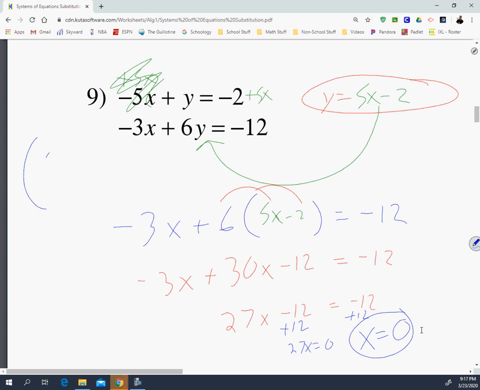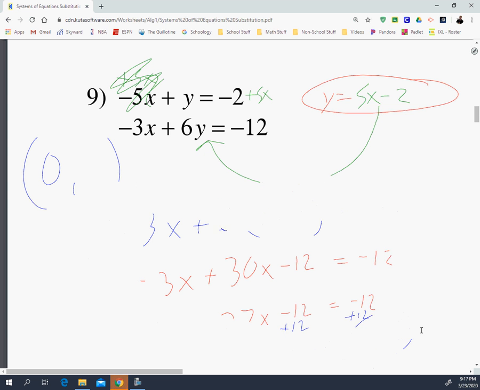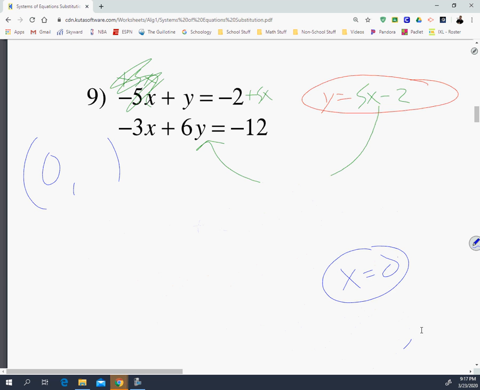That's half my answer there, you guys. We're balancing on one arm and one leg. Still, if you wobbled, it's no problem. Keep going, okay? We're going to take that x equals 0, and we're going to plug it back in for the x right there. We're going to get y equals 5 times 0 minus 2. Y equals 0 minus 2. Y equals -2. Done. Yes.